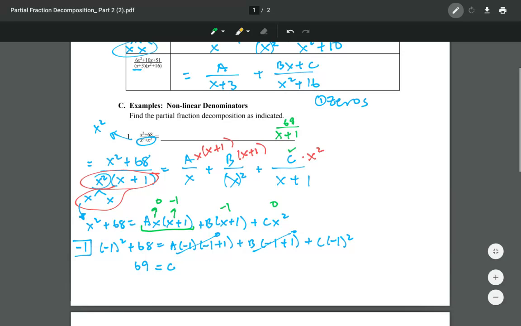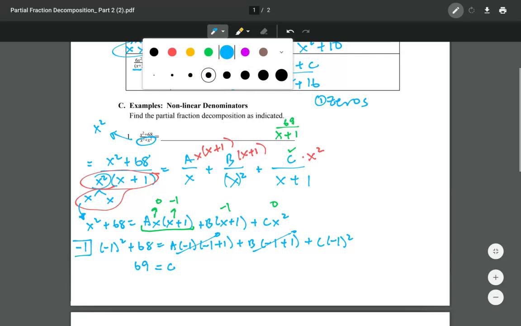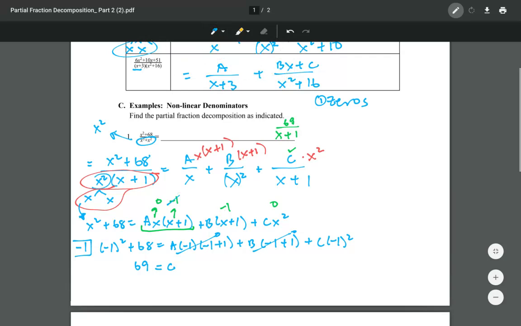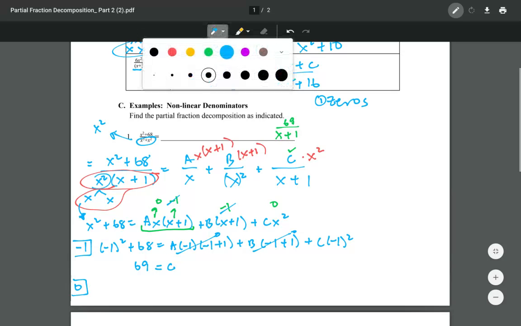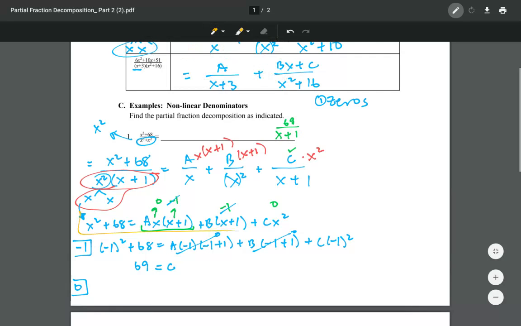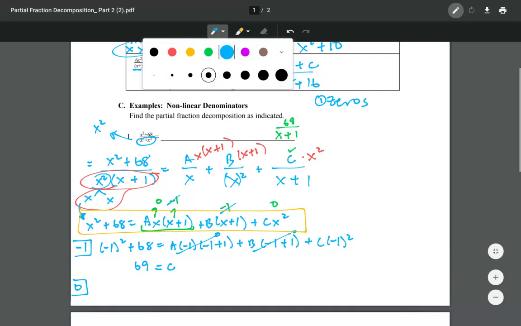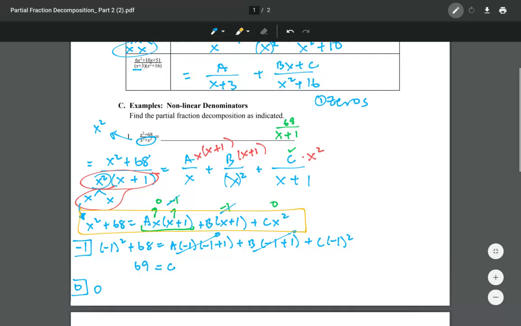Let's go ahead and do another one. The other one that we had was 0. There were only 2. So I finished -1. I'm ready to compare 0. Now I'll put 0 through here. So 0, let me put a yellow box around this that we're using here. We're going to start on the left-hand side there. So we get 0 squared plus 68 is equal to a times 0.